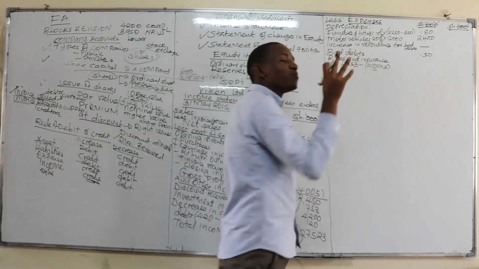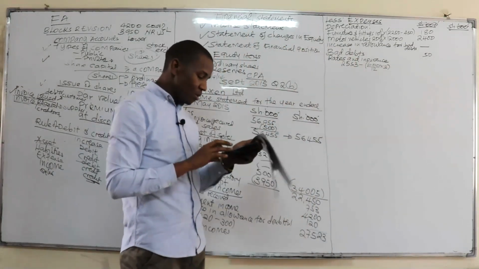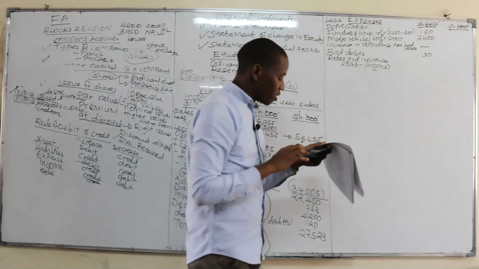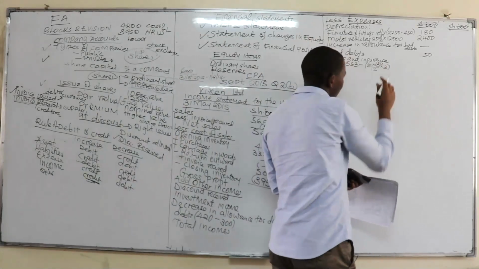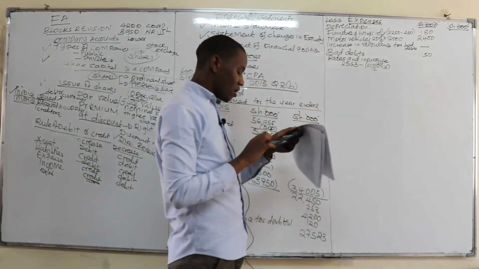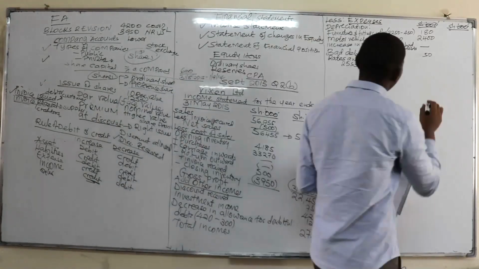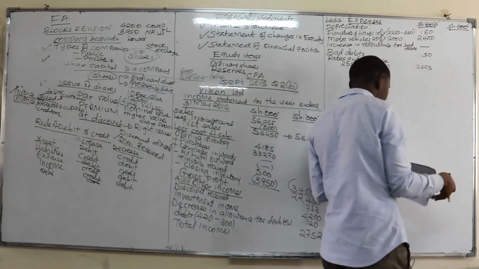Because we have to deduct that prepayment of those 3 months, which in that case will be 600, you divide by 12, you multiply by 3. So for this one, it is 150. That is the prepayment. So I take 25.53 minus the prepayment, which in this case will be 24.03.